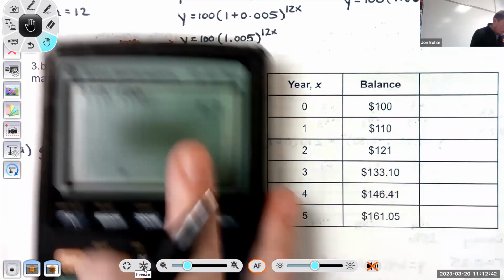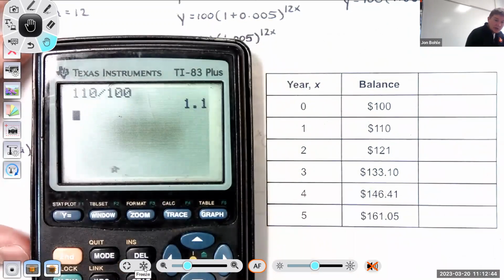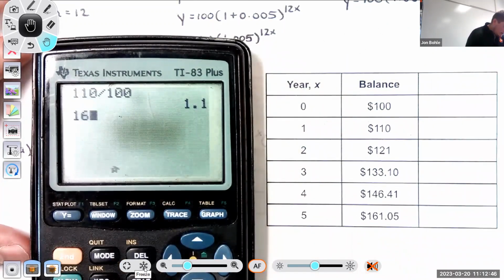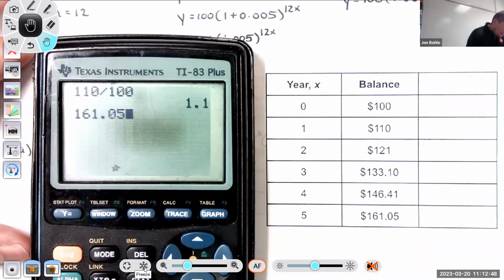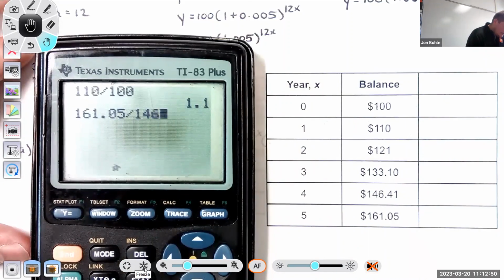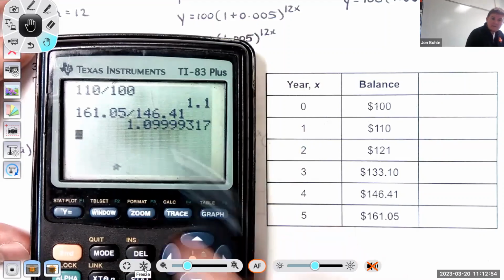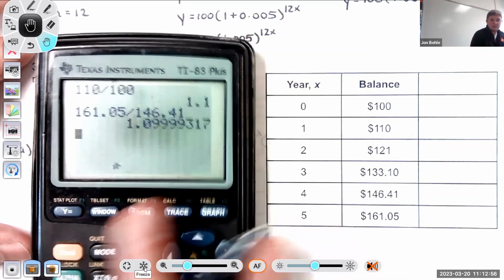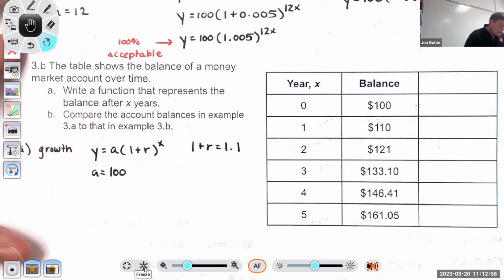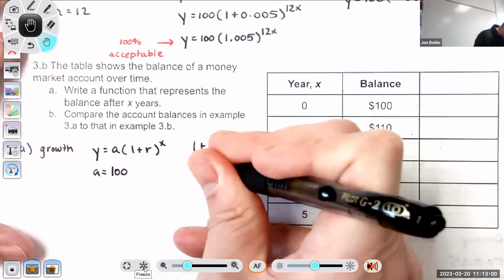Do you guys see how I did that? I went 110 divided by 100. You could have done 161.05 divided by 146.41. And when you round that, because money only goes to two decimals, it's 1.1. Okay. So then what is it? Minus 1.